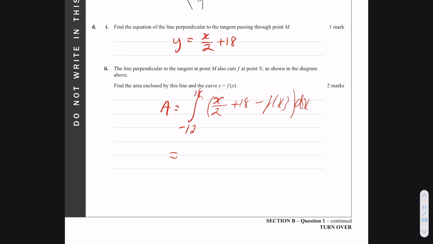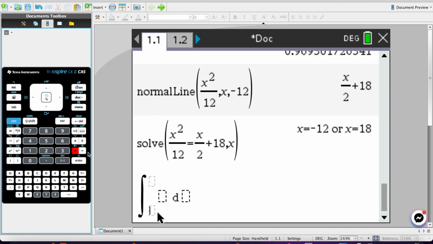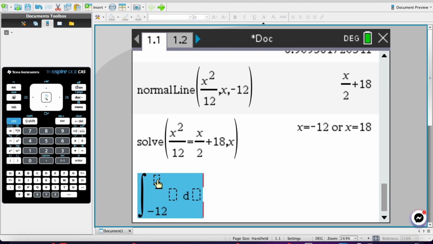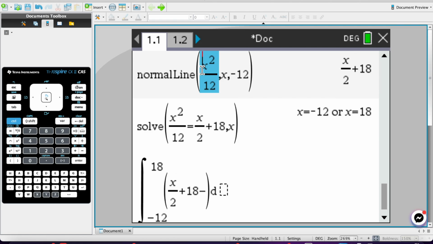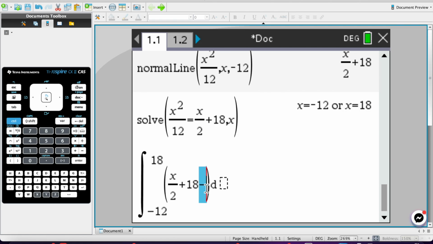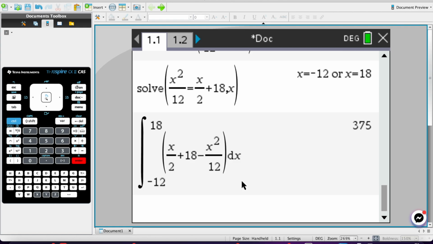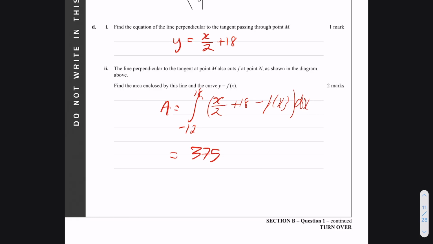So shift plus 4 for integral, -12 to 18 of this function here minus f of x dx, and we get 375. You can say units squared or whatever.